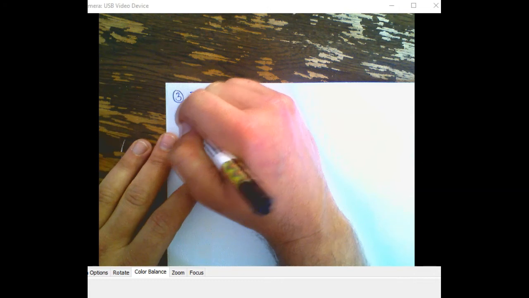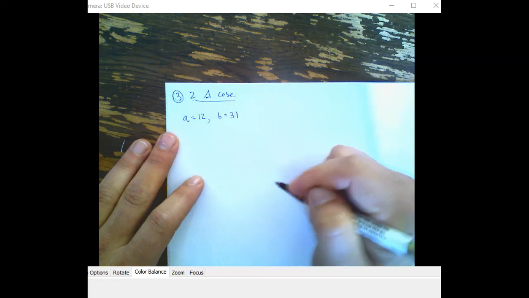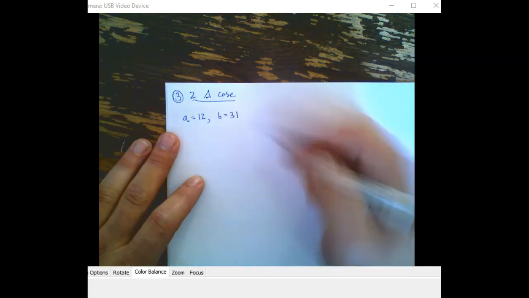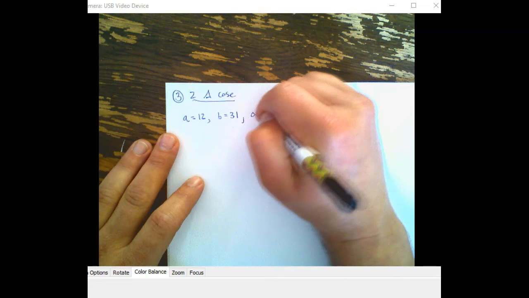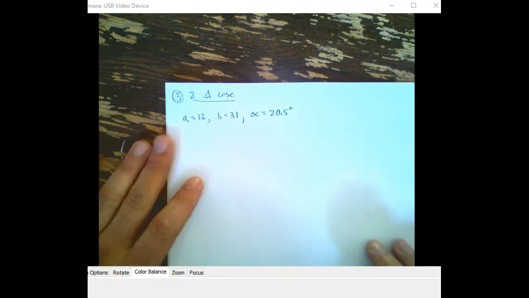All right. So let's say a is 12, b is 31, and alpha is 20.5 degrees. All right, so let's draw that.